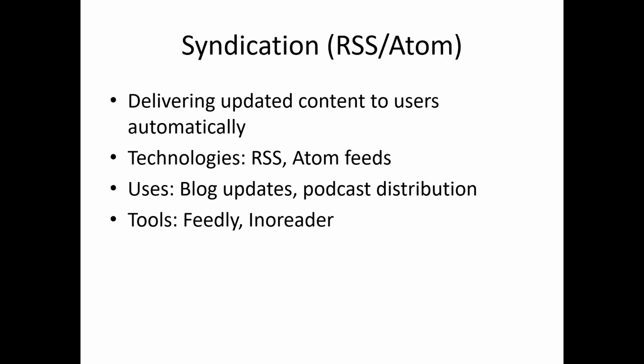Next is syndication, RSS or Atom. Syndication uses tools like RSS or Atom. RSS means Really Simple Syndication. Or Atom feeds distribute content updates automatically. Instead of visiting multiple websites, users can subscribe and receive updates in one place.